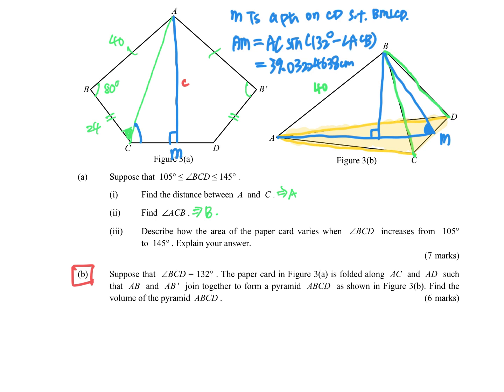Can we find BM? Maybe first of all we find CM. So CM, same case, goes to AC times cosine this time.